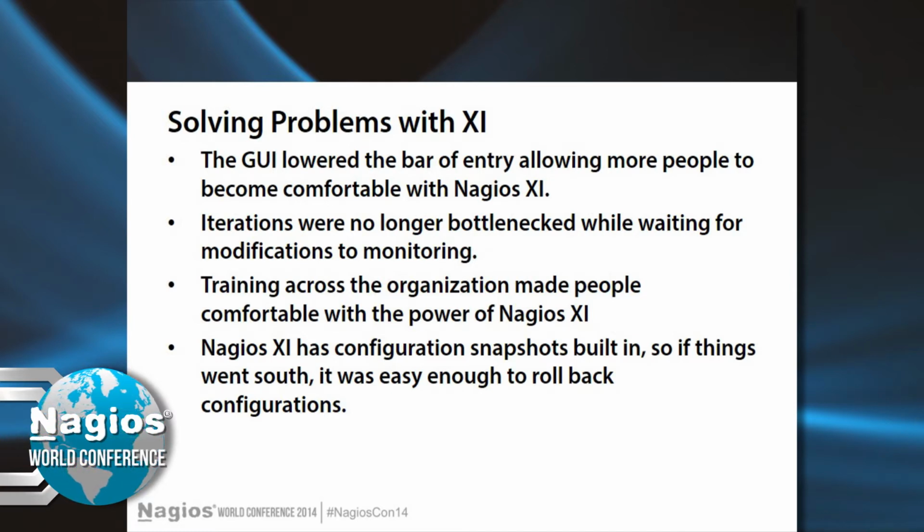So, shortfalls of Nagios. Again, Nagios XI was not meant to have so many people in with their hands in the pot at one time. Same thing with CCM. We had this one situation where a developer was changing a service check just at the right time that another developer was changing that same service check. Nothing kept the second developer from clicking edit and changing that service check.